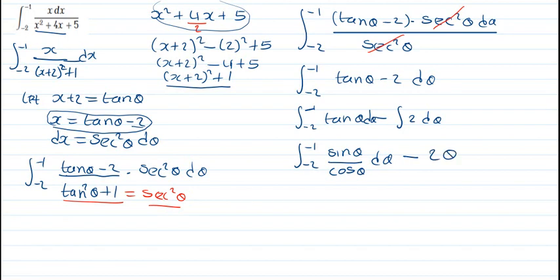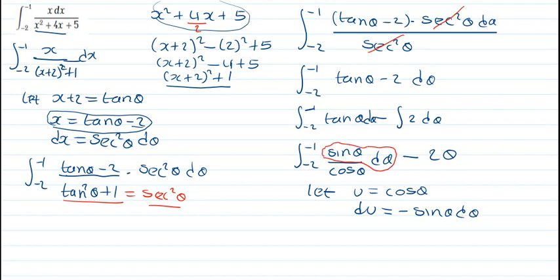Then with this, we can say we let u be equal to cos theta. Finding the derivative, our du is going to be equal to negative sine theta d theta, meaning that where there is sine theta d theta, I can replace it with negative du.